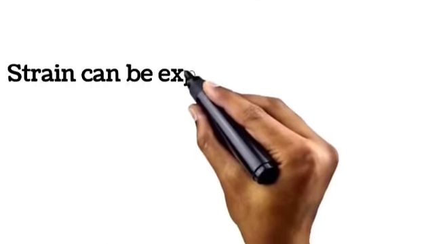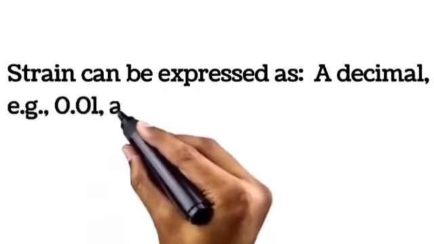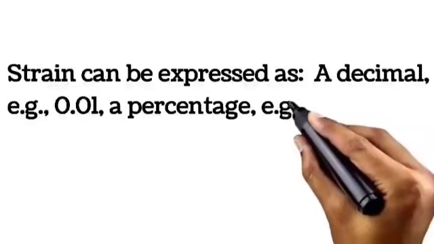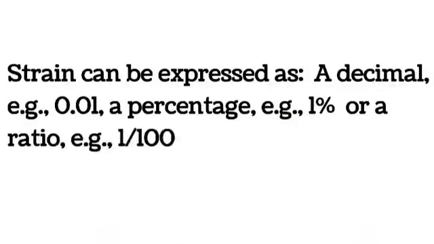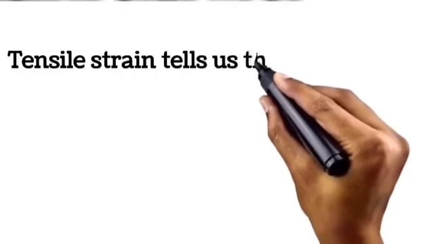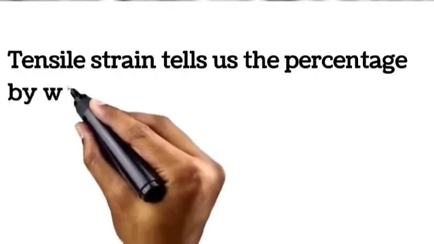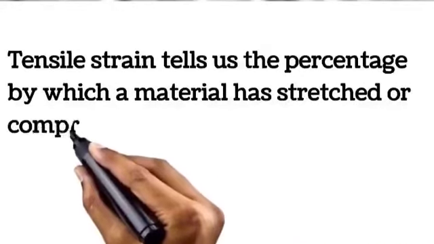Strain can be expressed as a decimal, for example 0.01, a percentage, for example 1%, or a ratio, for example 1 over 100. Tensile strain tells us the percentage by which a material has stretched or compressed.